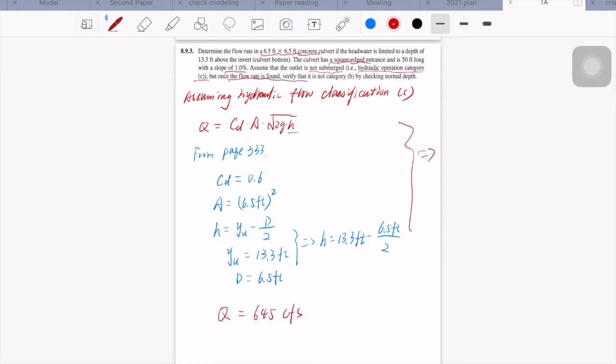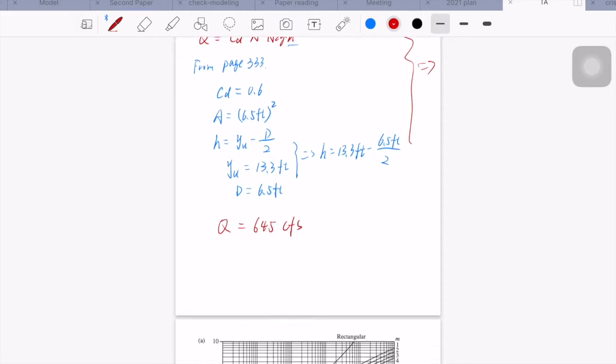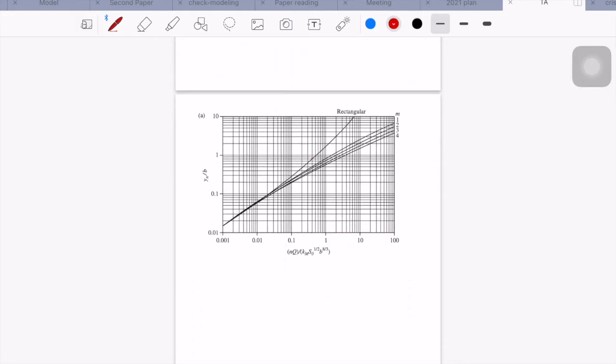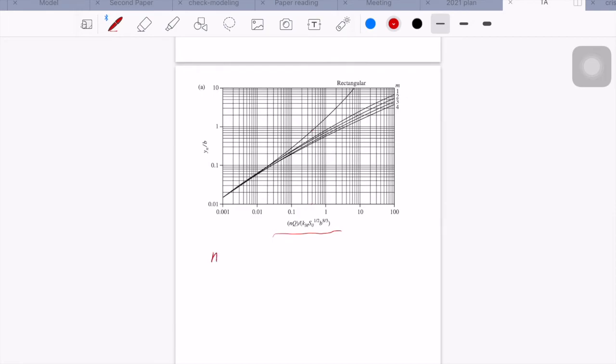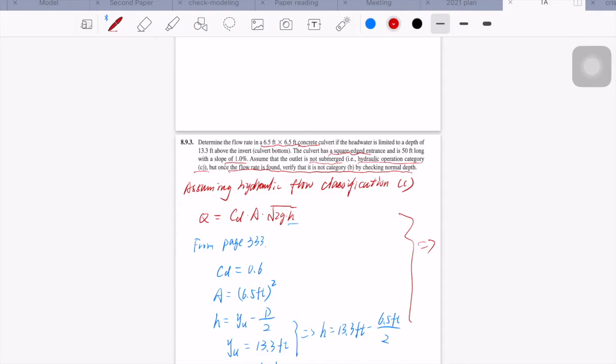and we need to verify that it is not category B by checking the normal depths. So to check the normal depths, we will use figure 6.4 in the textbook. And this is figure 6.4a in the textbook. We know the x-axis is the value of this equation, and from this problem we know n should be equal to 0.013, since this is a concrete culvert.